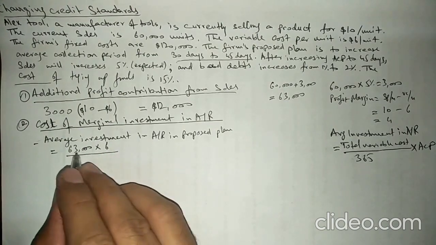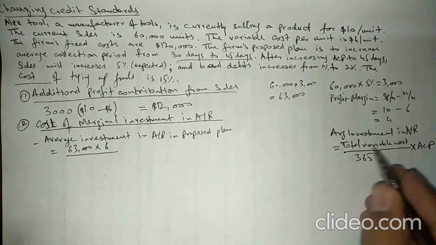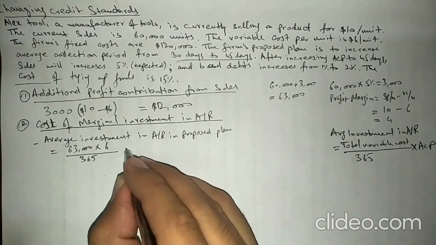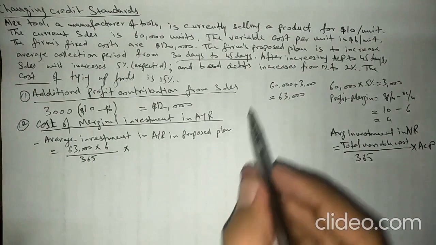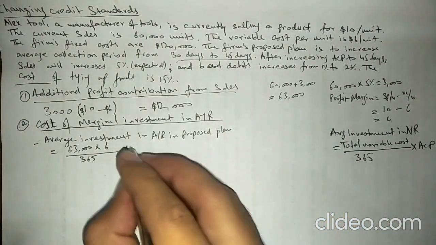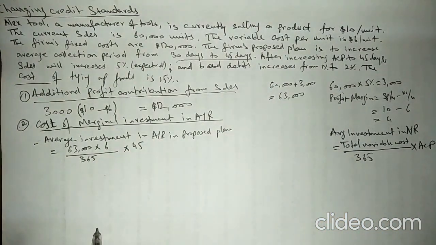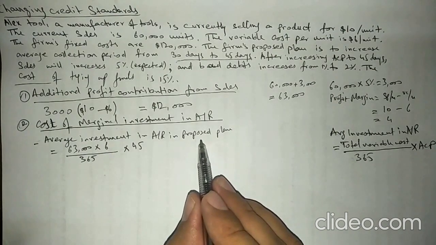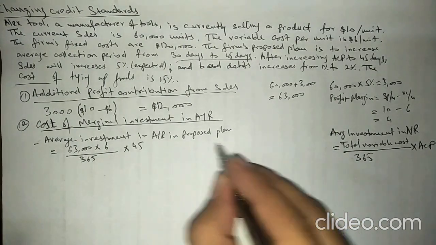That total variable cost is divided by 365 and multiplied by the average collection period, which in the proposed plan is 45 days. That's how we calculate the average investment in accounts receivable in the proposed plan, and this amount is 46,602.